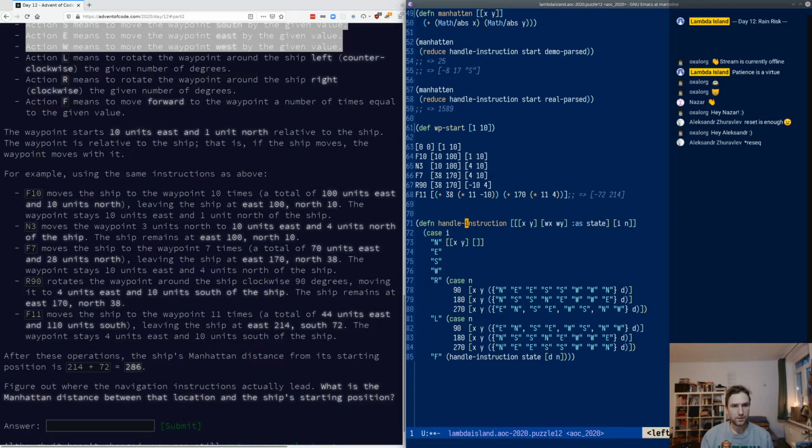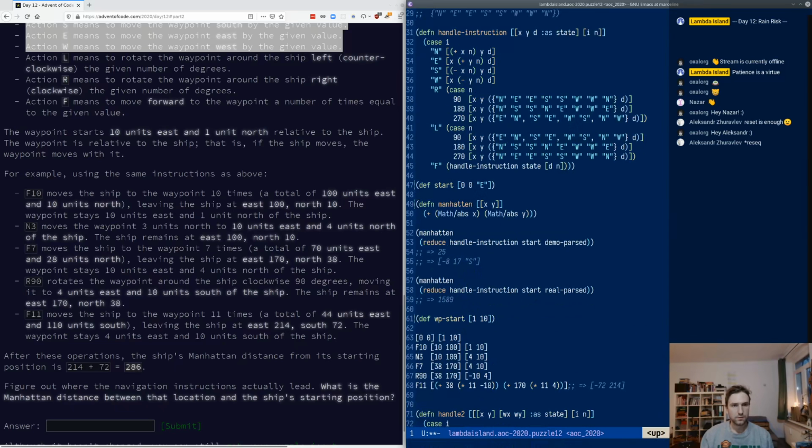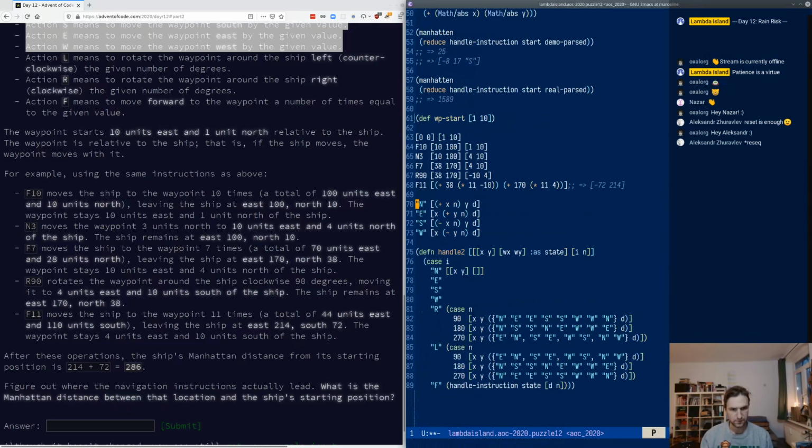Actually, can I handle 2? I'm gonna keep these around for reference. Let me also comment this out. So yeah, north means positive x, so plus wx and y.